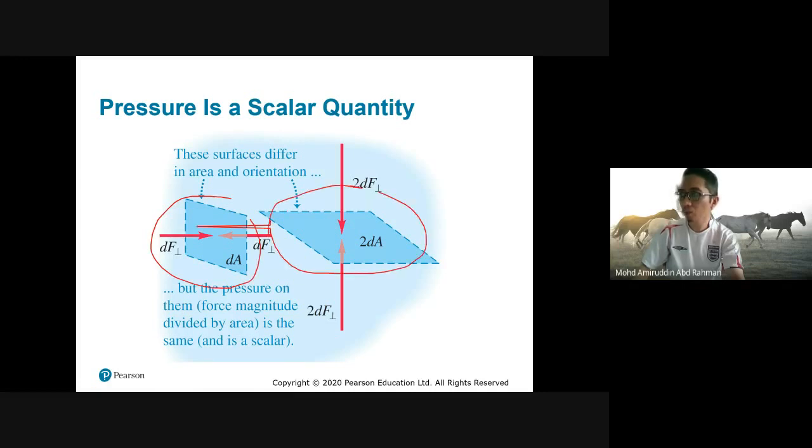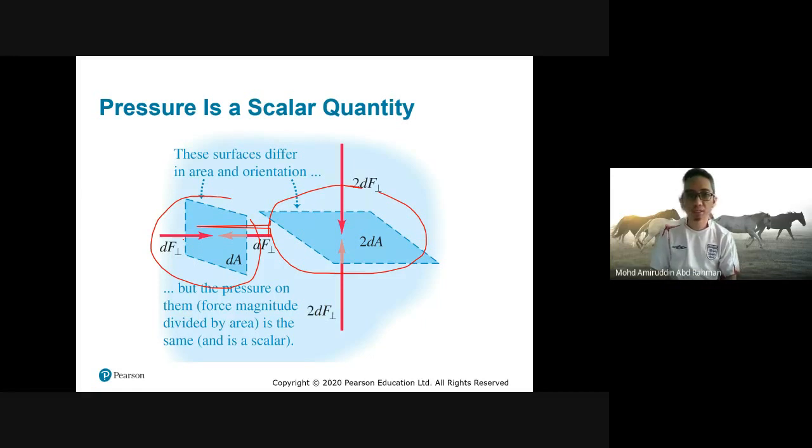So there are two different surfaces that you consider. One is horizontal and the other one is vertical. You apply the force to one, and to the other you apply the force from the top to the bottom.